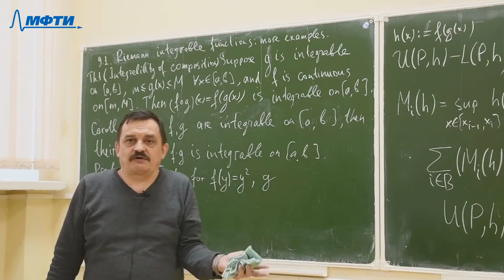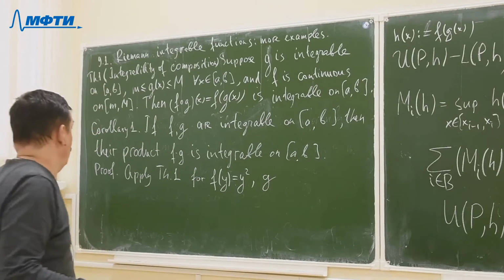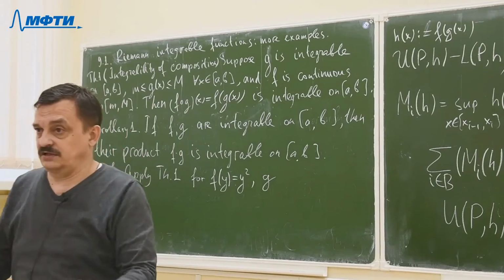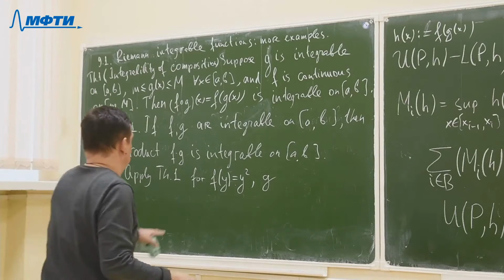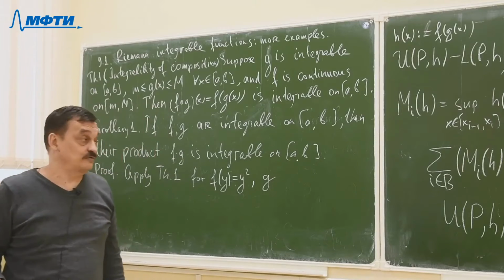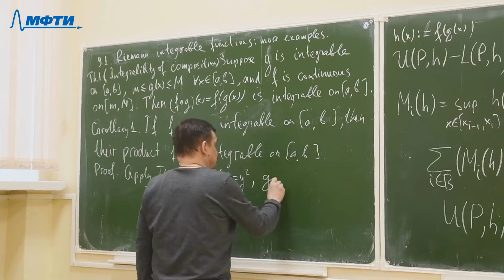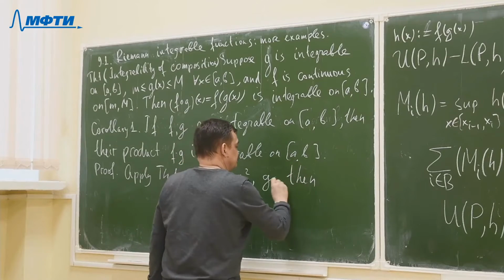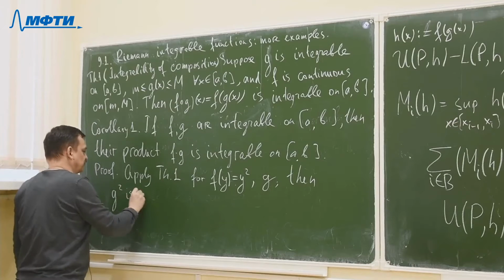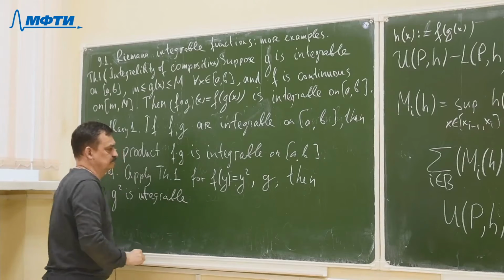Of course, y squared is a continuous function everywhere, right? And g is integrable, hence it is bounded, so in particular f is continuous on the interval which contains all values of our function g. So then g squared is integrable. All right?